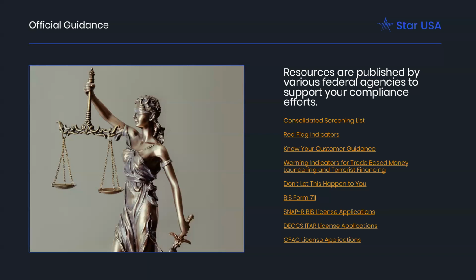BIS Form 711 helps with that end user and end use prohibition by obtaining statements from your buyers on who the actual end user is and what their actual end use is going to be. And then the license applications that you may need to obtain in order to conduct business lawfully with those parties.